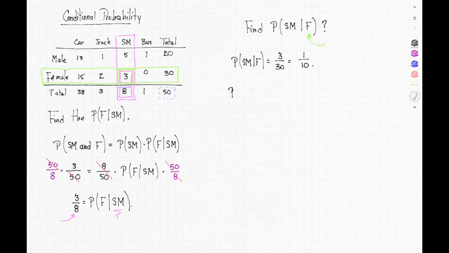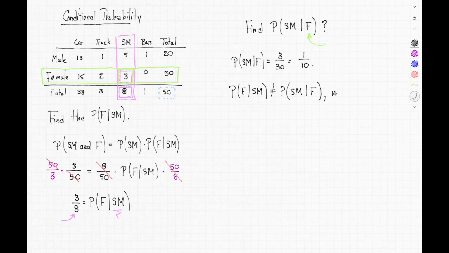Now, here's the interesting piece. What did we find? We found that the probability of selecting a female, given that the first person was an SUV or minivan driver, is not equal to the probability of first selecting an SUV or minivan driver, given that the first person selected is female.